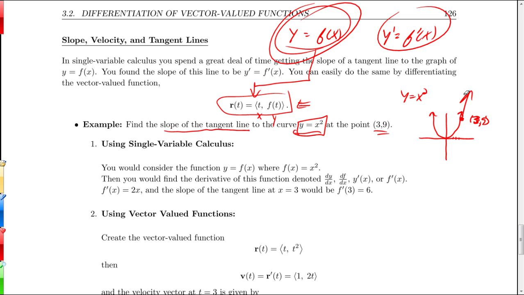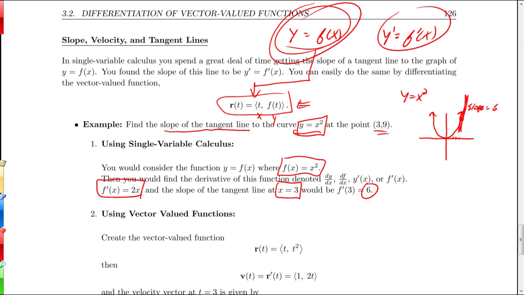If this is one-dimensional calculus, we'll just say f of x is x squared. The derivative is 2x. We plug in x equals 3, and we get a slope of 6. So it means that this tangent line here has a slope equal to 6. That's standard calculus 1 of a single function of a single variable.